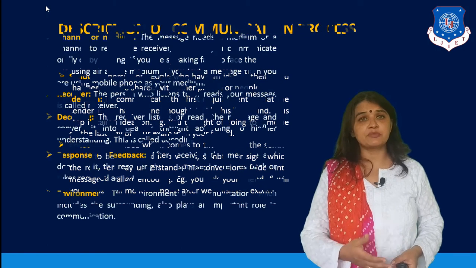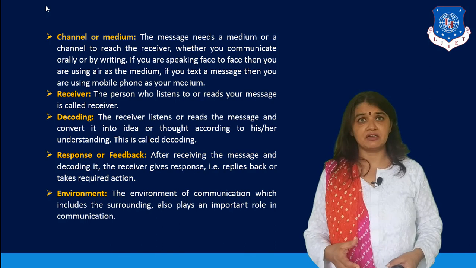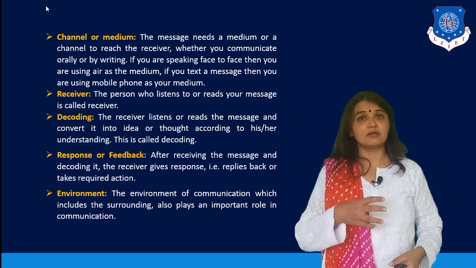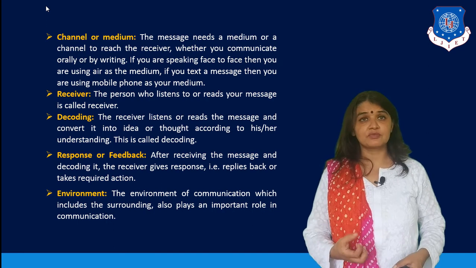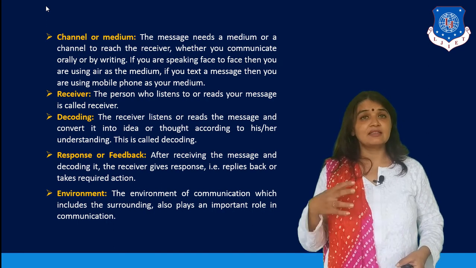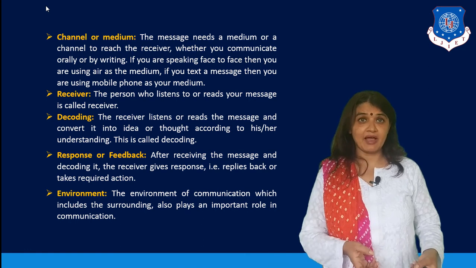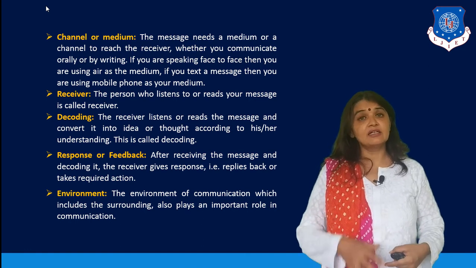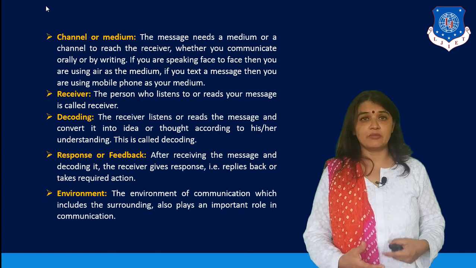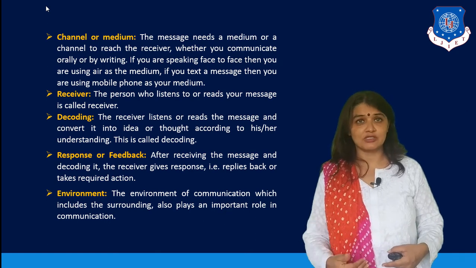Then further steps are explained, like the channel and the medium, and their importance, since the message passes through the channel. Then the receiver receives the message and converts it, which is called decoding. Then we have the feedback and its importance, and at the end the environment is also described, as it has a role to play in the communication process.